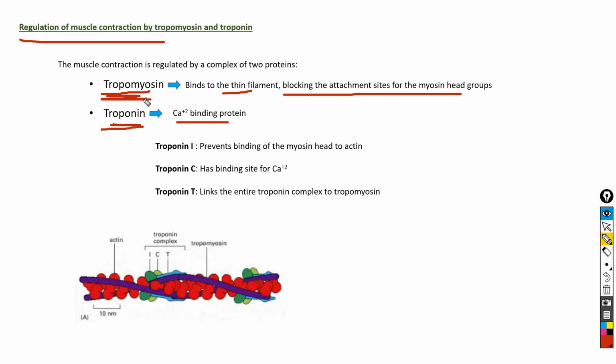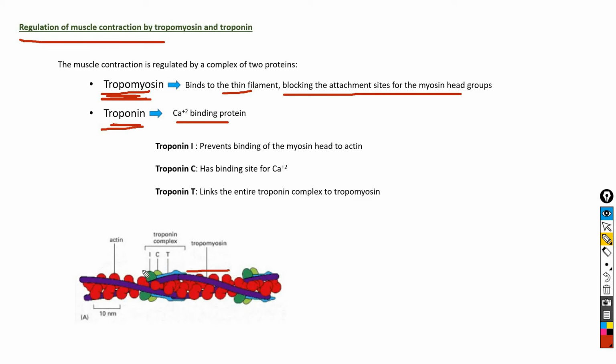Tropomyosin is a two-stranded coil of alpha helices, which is similar to that of alpha keratin. The two-stranded coil of alpha helices of tropomyosin is represented in purple color. It forms head-to-tail polymers that are twisted around the two actin chains, as you can see here. Whereas the troponin complex is attached to the actin-tropomyosin complex at regular intervals of 38.5 nanometers.